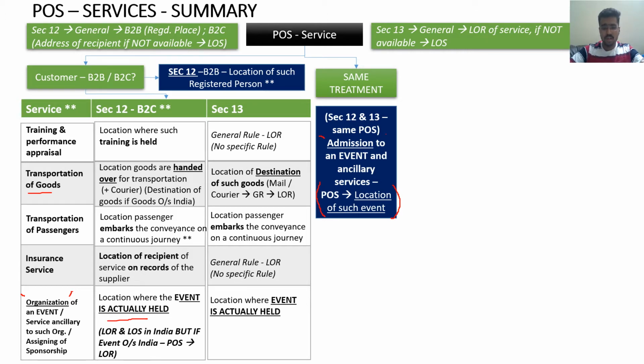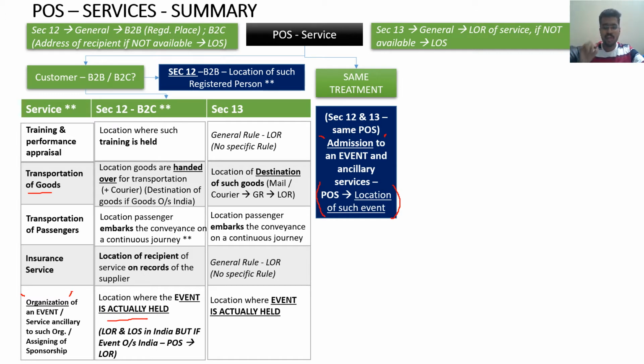These both are different. What is organization of an event? You organize the entire event, you manage the show right from deciding what should happen, who should come when, who are the performers you're going to invite, where you're going to organize, everything is taken care of in organization of an event.